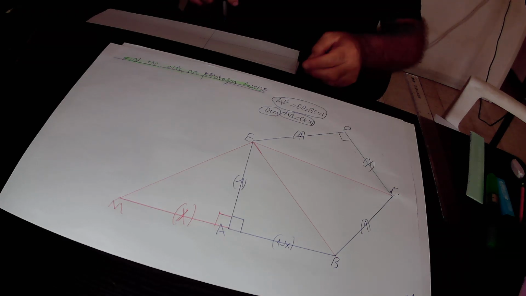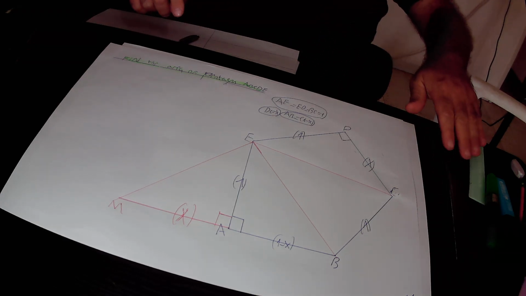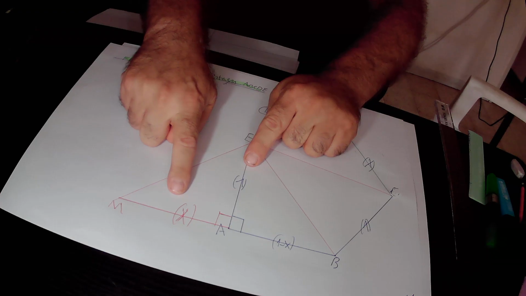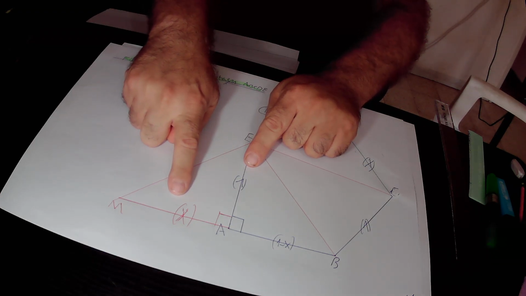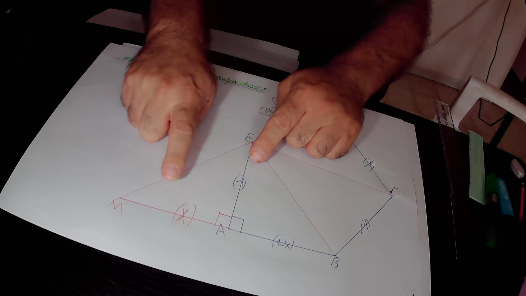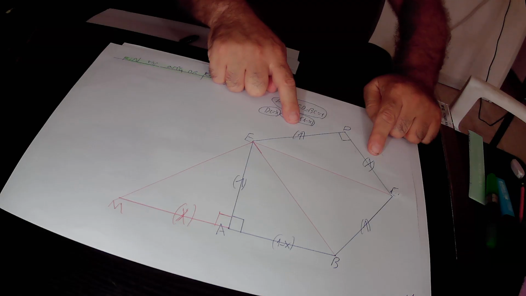So you find that those two sides and the angle included between those two sides in this right triangle EAM are correspondingly equal to those two sides and the angle included between those two sides in this right triangle EDC.